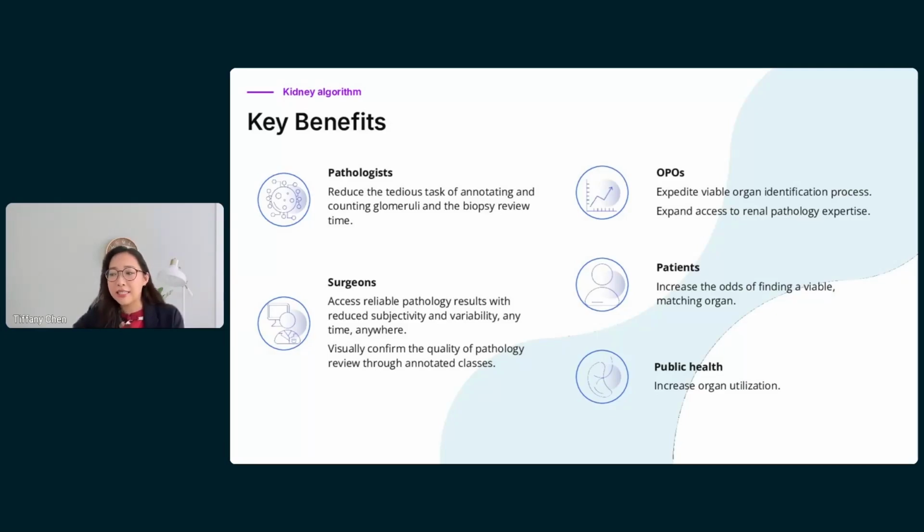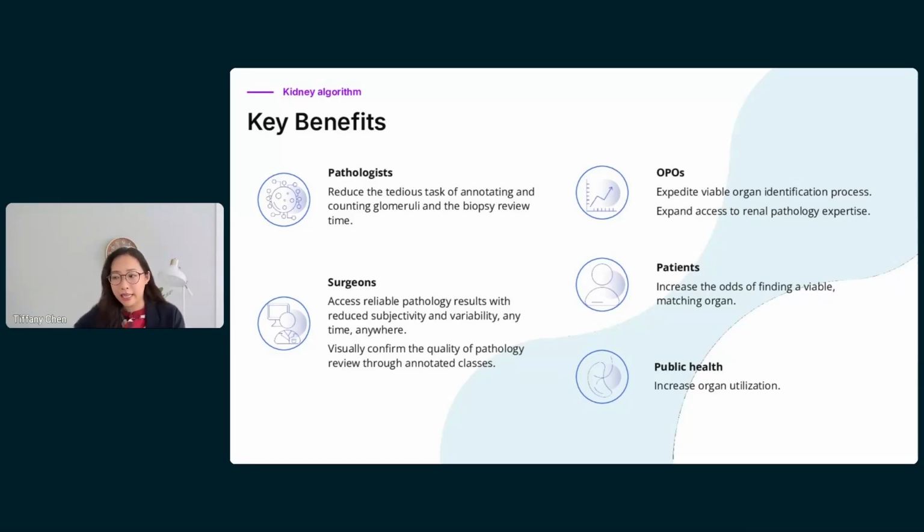And having consistent annotated pathology reports will also build trust between pathologists and the surgeons. For patients, this means a higher likelihood of receiving viable kidneys faster because now we have a more standardized way of evaluating these slides. And we also have more access to pathologists, so patients who may be at more remote sites without access to pathologists can now still get a pathology review.